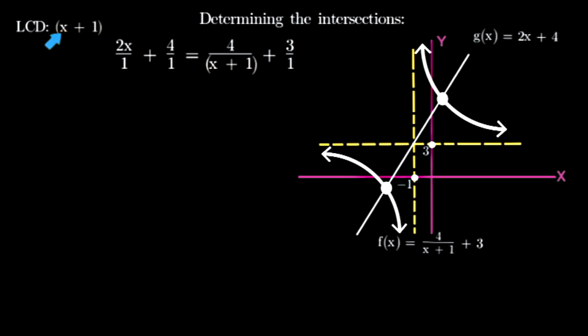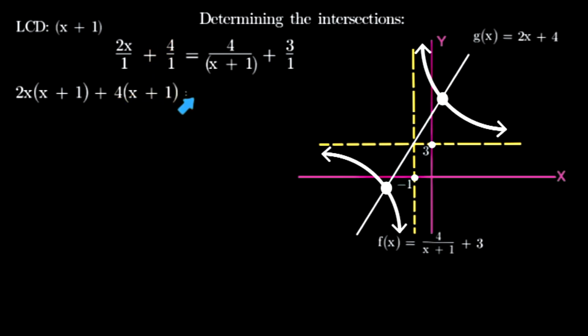Now we take this x + 1 and we are going to divide by all the denominators and multiply the answer with their numerators. So here we go. x + 1 divided by 1 is x + 1, and x + 1 times 2x can be written as 2x times (x + 1). Then we write the same positive sign, and we say x + 1 divided by 1 is x + 1, and x + 1 times 4 can be written as 4 times (x + 1).